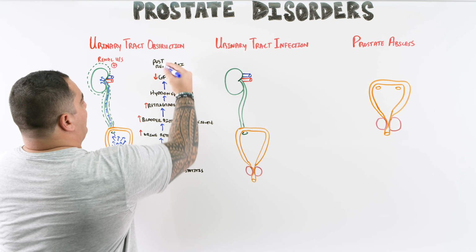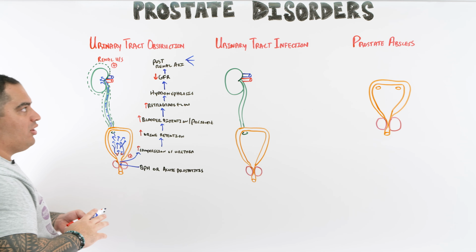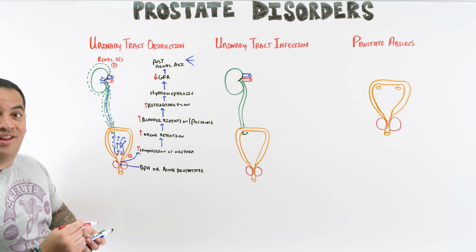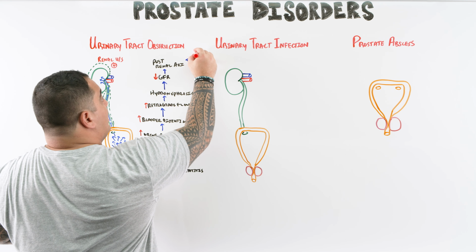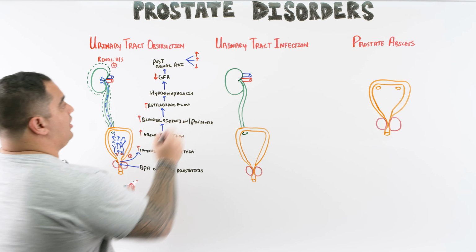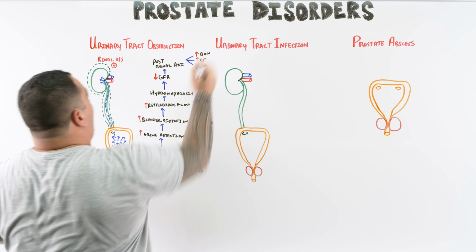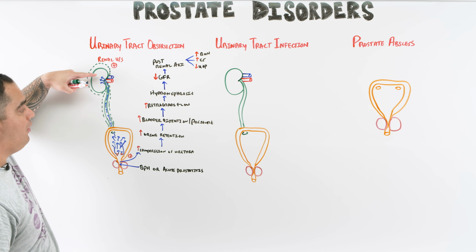Now, how would this present? Well, this can present in a couple different ways. One is the creatinine and the BUN can start going up and the urine output could decrease. So you want to look at whether the patient has an increase in BUN, an increase in creatinine, and their urine output is really slowed down, in combination with evidence of hydronephrosis.